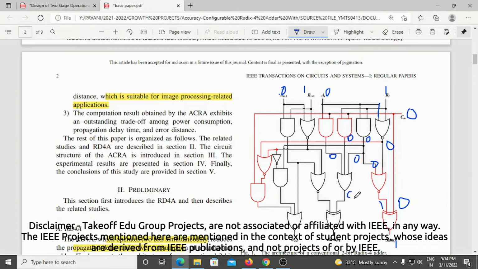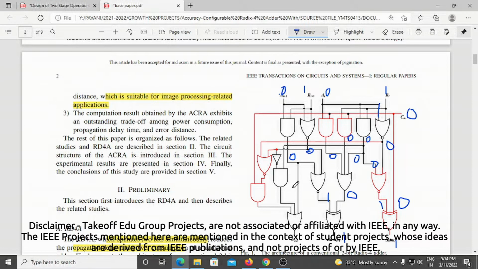So here the output is 0, and from here, as 1 is the input, 1 and 0 through a NOR gives the 0 as the output, and here we are also getting 0. As 0 is given to this, we are getting the output 1. By doing this, we are getting the sum as 0.